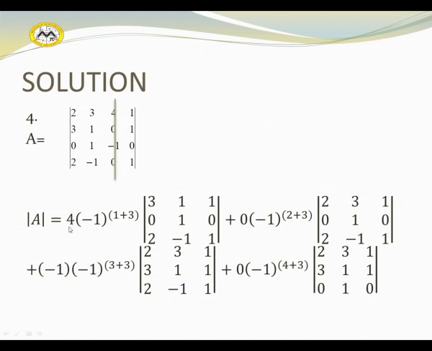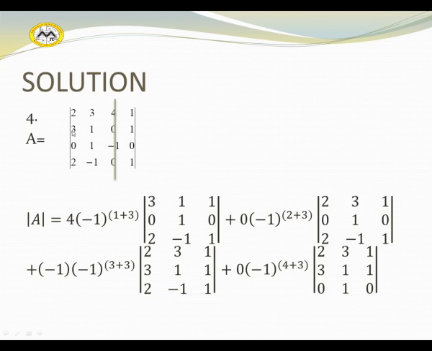So this is 4, multiplied by the cofactor, which is negative 1 raised to 1 plus 3, and then multiplying with the minor, which when we delete the first row and third column, the remaining elements are 3, 0, 2 as the first column, 1, 1, negative 1 as the second column, and 1, 0, 1 as the third column.